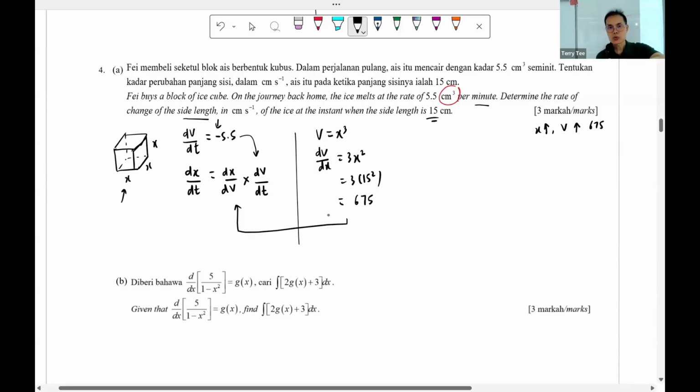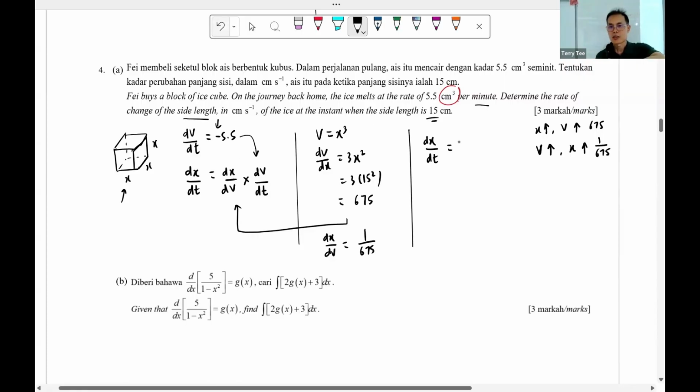But when you do dx/dV, what does it mean? It's reversed. That means when your volume increases by 1 unit, your side length only increases by 1 over 675 unit. It's just the other way around, a fraction of it. So we're going to take this and substitute inside. Therefore, my dx/dt is dx/dV.